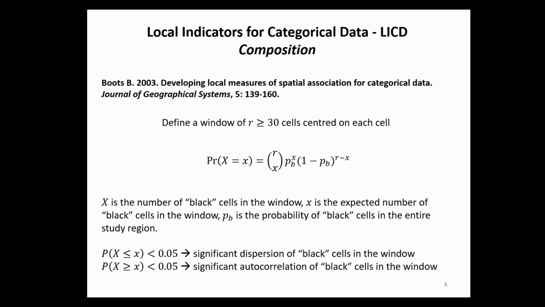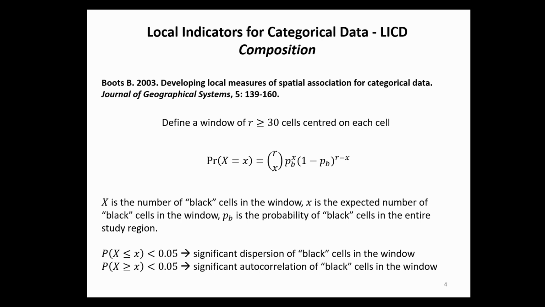In 2003, Barry Boots explored the possibility of developing local indicators for categorical data, and he called them LICD.